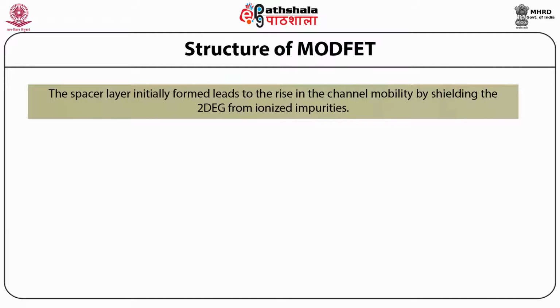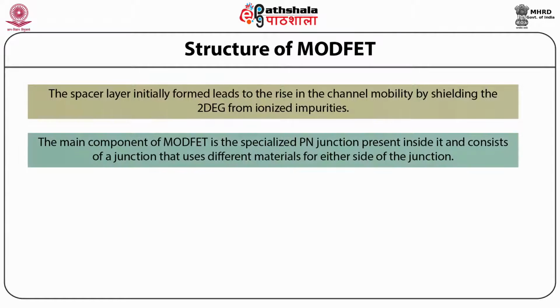So, students, many studies have been done on N-type MODFET devices, and the main component of MODFET is the specialized PN junction present inside it, which consists of a junction that uses different materials for either side of the junction.